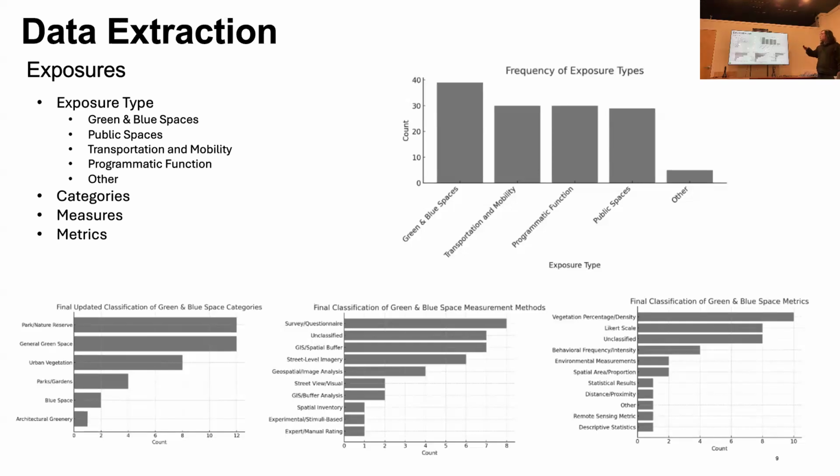We found that 40 papers focused on green and blue spaces, so this is discussed more. As for the measures used to research green and blue spaces, they always use survey questionnaires, GIS, spatial analytics, and imagery.